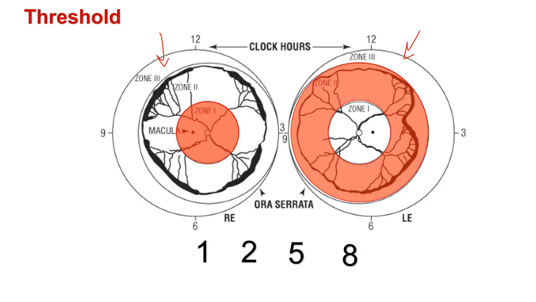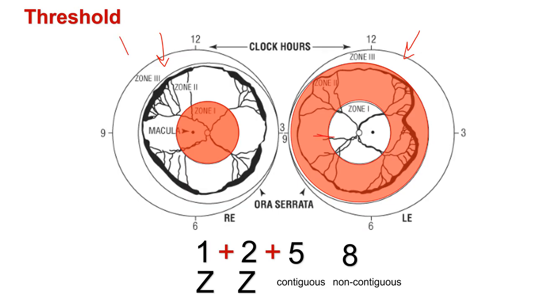So if we have involvement of zone 1 or zone 2, either 5 continuous clock hours or 8 non-continuous clock hours, with plus disease, this is an indication of threshold.